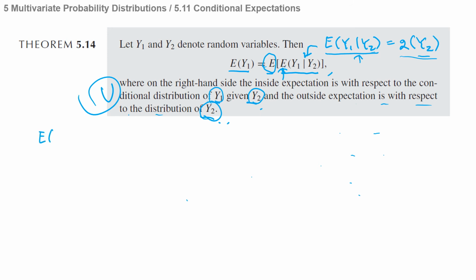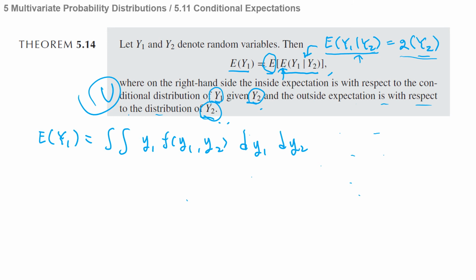So the expected value of y1, let's consider y1 and y2 are continuous random variables, and then we can write it as the integral of y1 times f of y1, y2, assuming we have the joint density function f of y1 and y2, dy1 dy2.